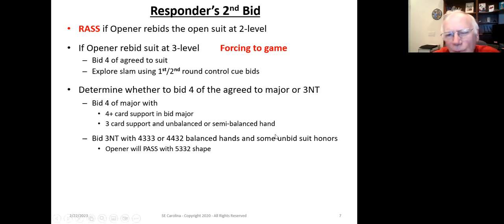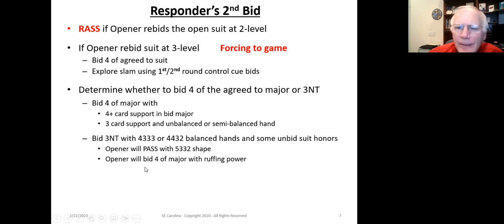Now, if the opener opened 1 heart and then the responder bid 2 clubs, how many unbid suits are there? 3, because remember, the 2 club bid is artificial and says absolutely nothing about clubs. So you need to have coverage in the other 3 suits.